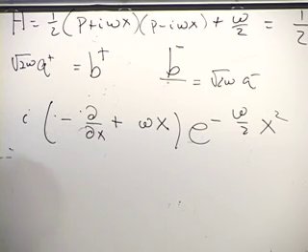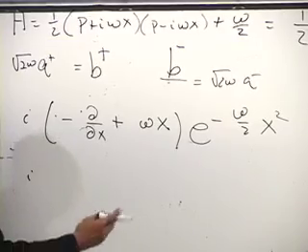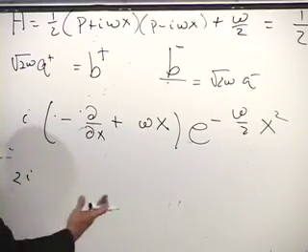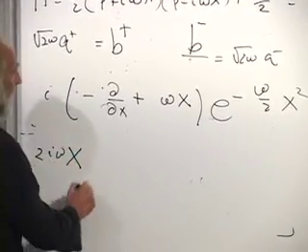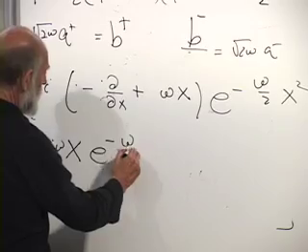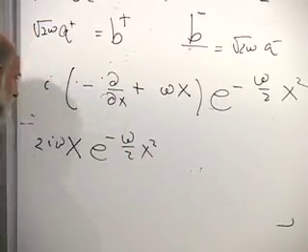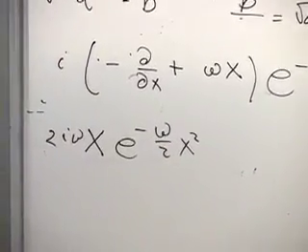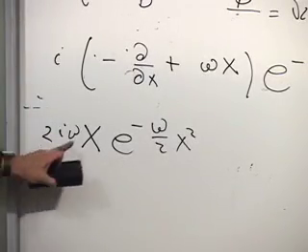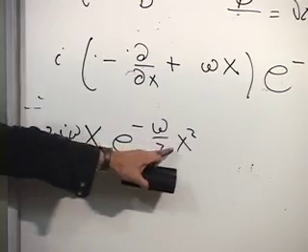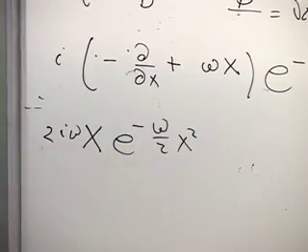Both of them give omega x. So apart from constant factors, it's x e to the minus omega over 2 x squared. The wave function looks like the Gaussian multiplied by x.